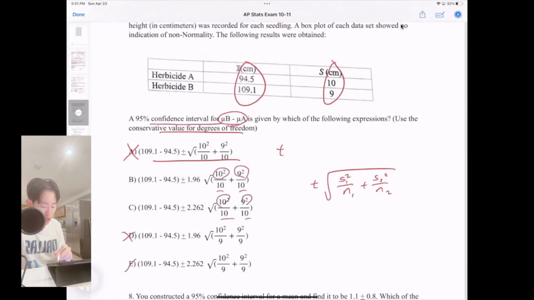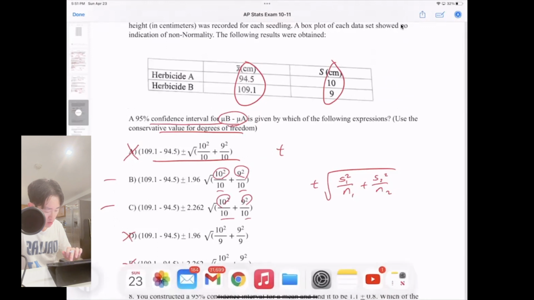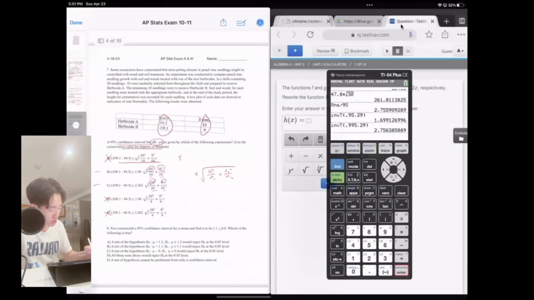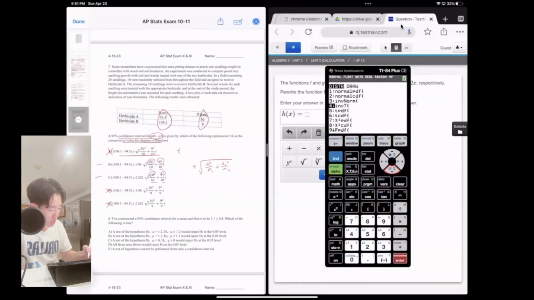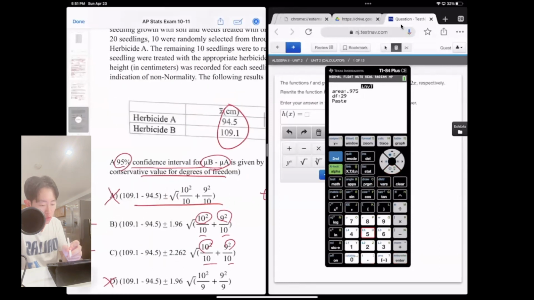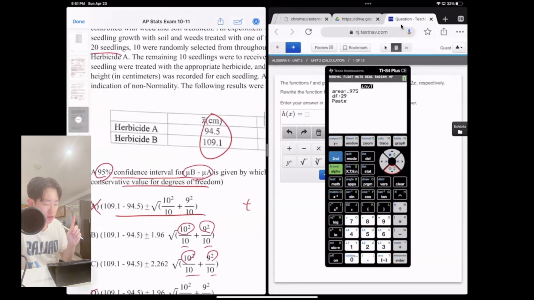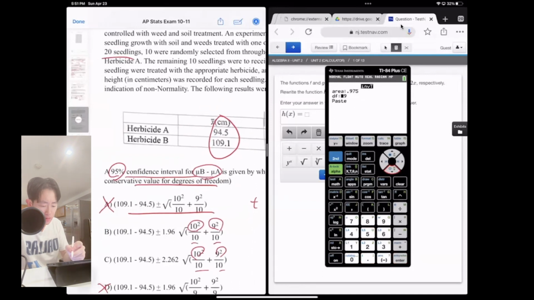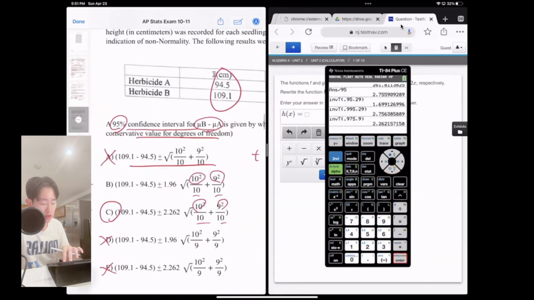It seems like we're really looking between B or C. To find the correct T value, go to inverse T. Since this is 95% confidence with 20 seedlings in total, but separated into 10 for each of the samples because we have 2, the degrees of freedom here should be 9, and the correct answer here should be C for number 7.